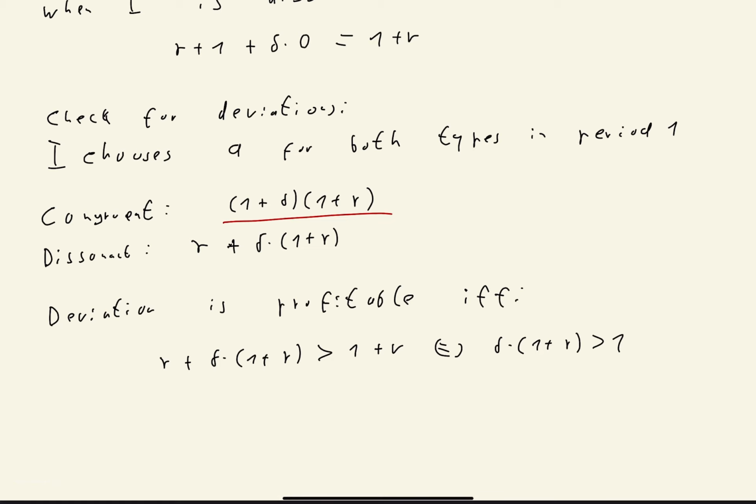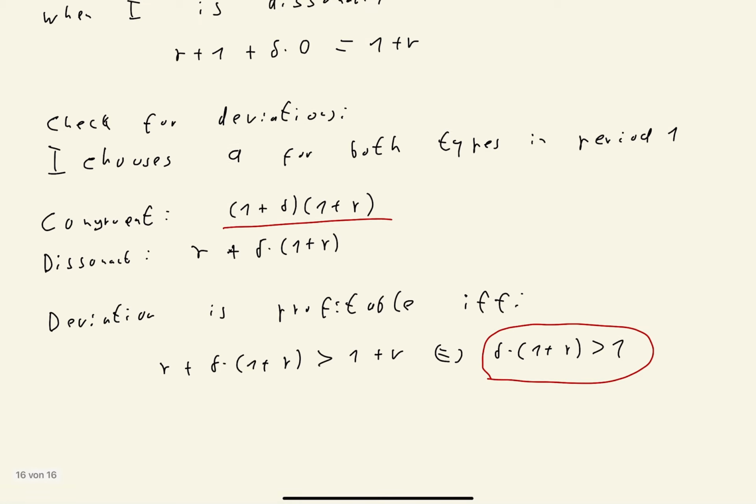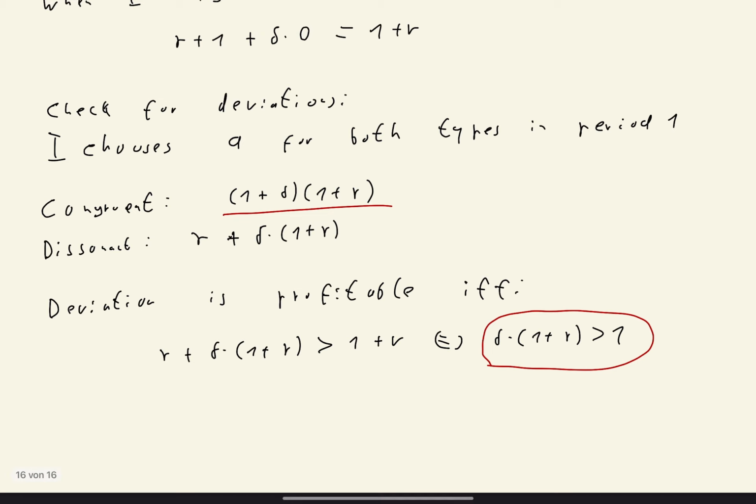The steps are similar, and you will actually see that this will be the more binding condition for the deviation. So the deviation of I choosing A for both types in period 1 is more profitable for the incumbent than a deviation where he's choosing B for both types because the voter prefers A before B. So this will be the crucial condition which determines whether a deviation is profitable or not.